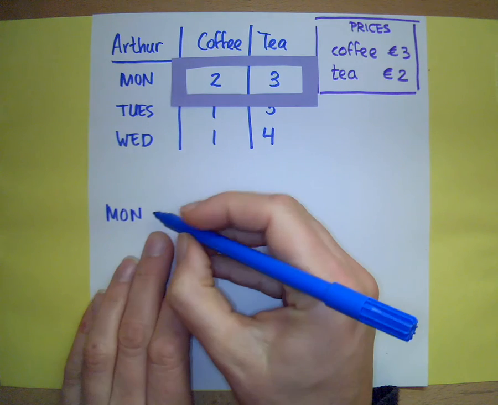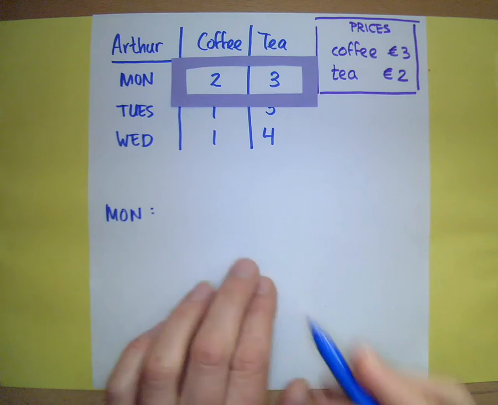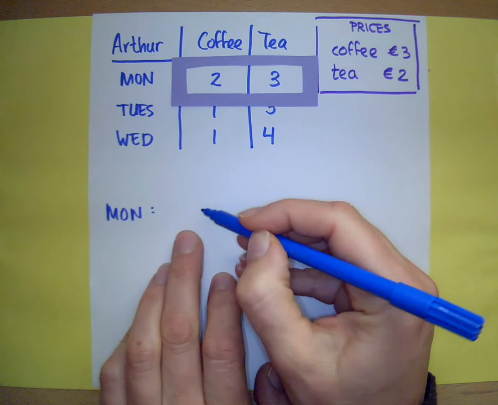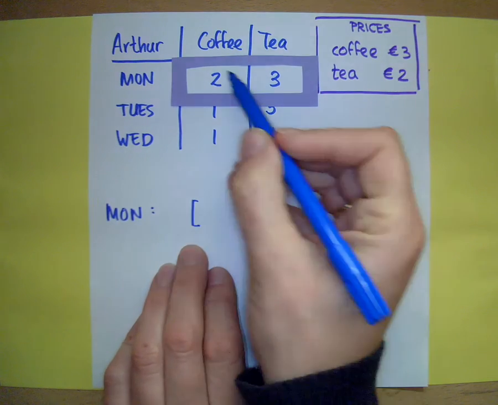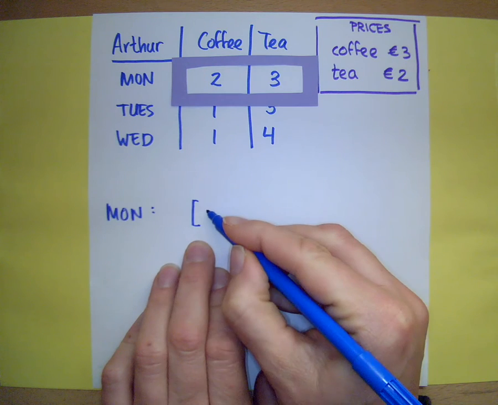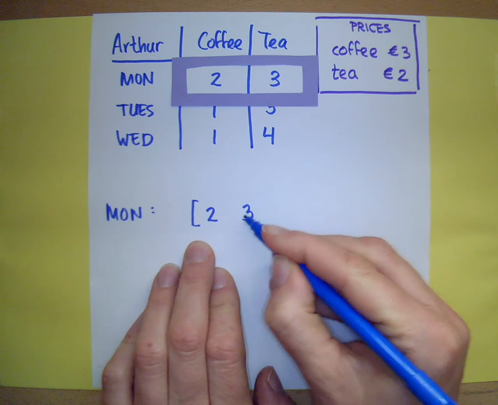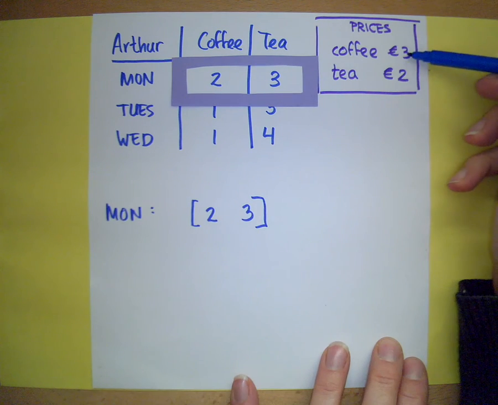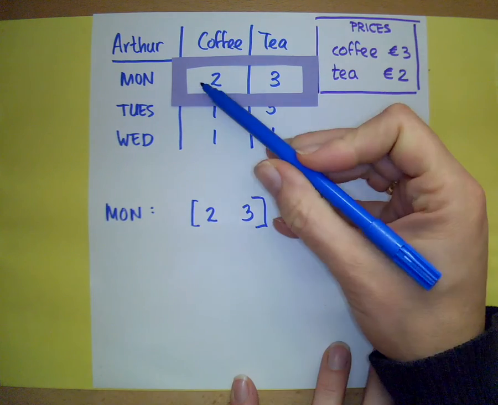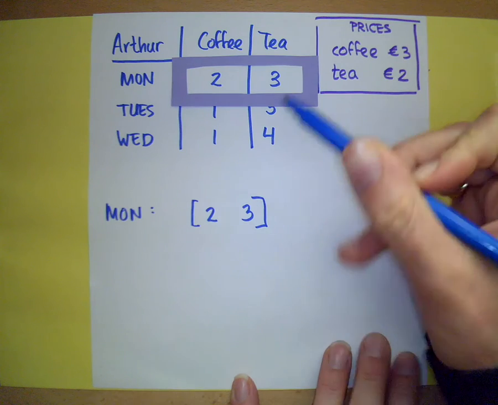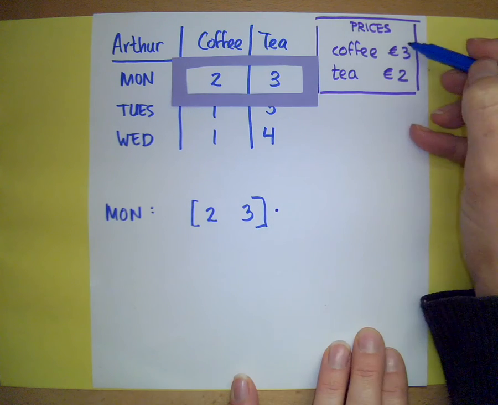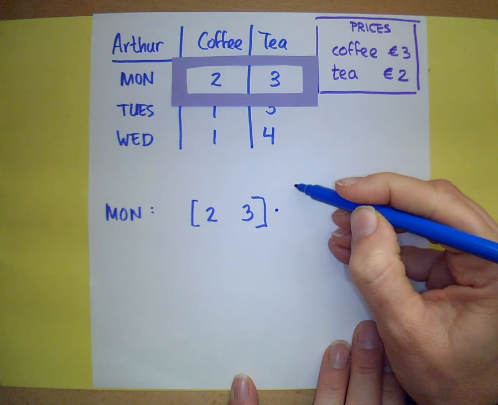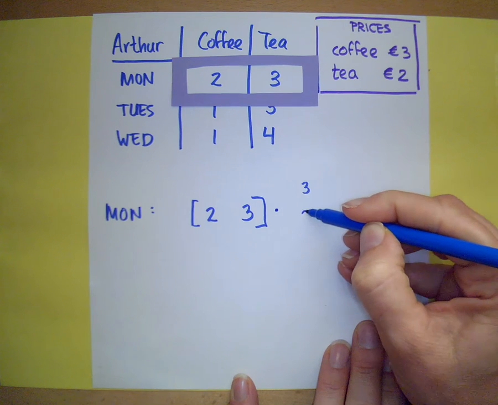We could multiply this row matrix, 2, 3, with this column matrix, 3 euros, 2 euros.